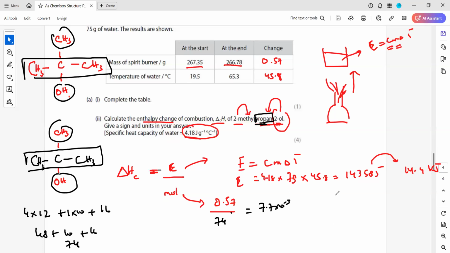The enthalpy change is energy divided by moles. The energy which we calculated was 14.4 kilojoule, and the moles of this substance were 7.7 exponent minus 3 mole. So when we divide, we get delta H. Because the temperature is increasing, we have to place a negative sign.